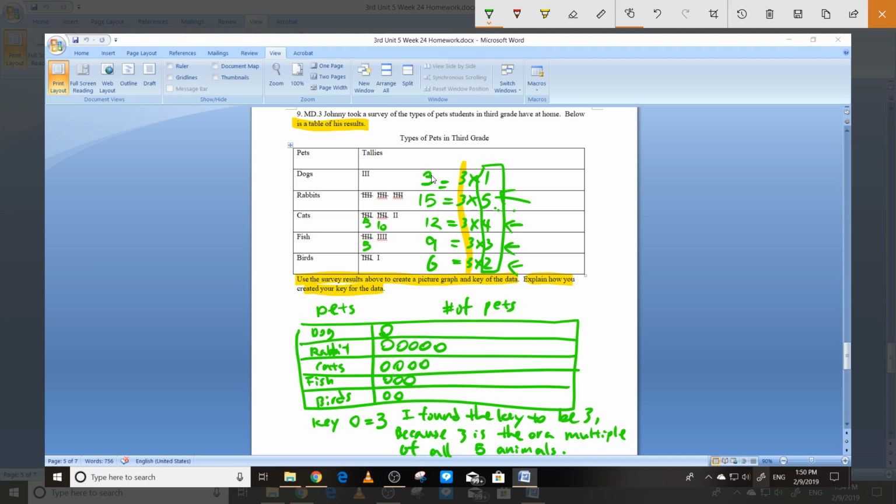And that's your explanation for how you find the key. All right, that's how you do number 9. Again, this is actually not easy. This is pretty difficult for you to think and understand. But that's how you do it.